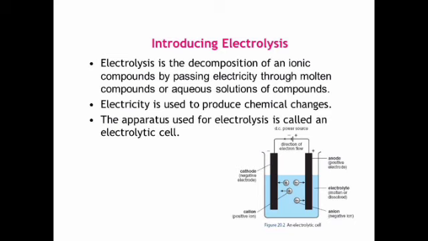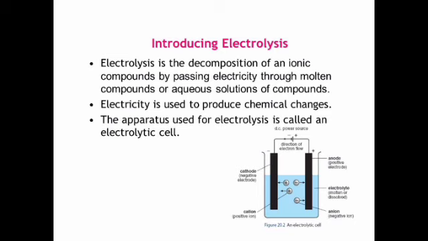Now, Faraday's second law of electrolysis. The minimum quantity of electricity required to liberate 1 mole of a singly charged ion, such as hydrogen or chloride ions, is 96,500 coulombs. That's not the law yet.